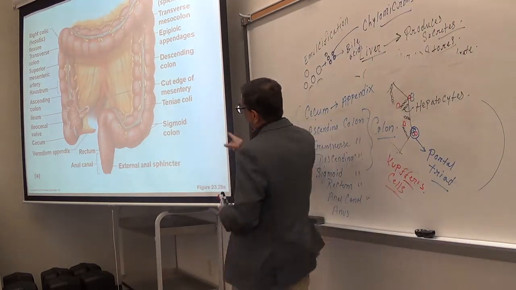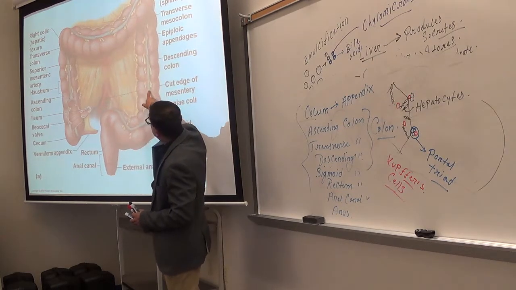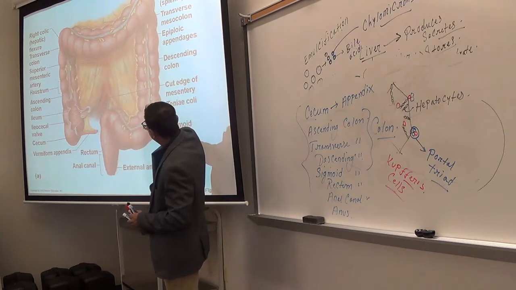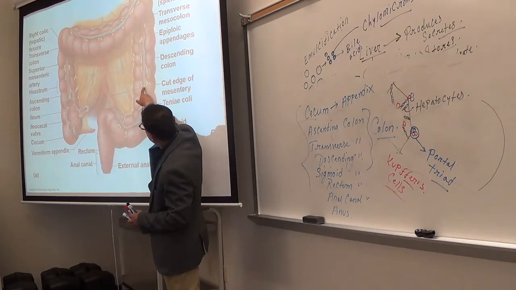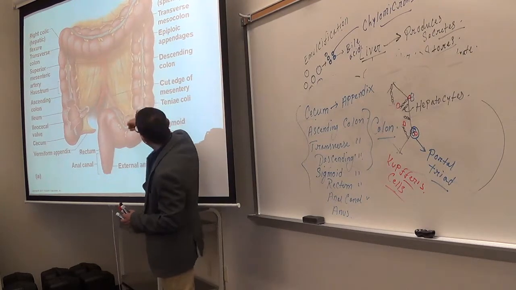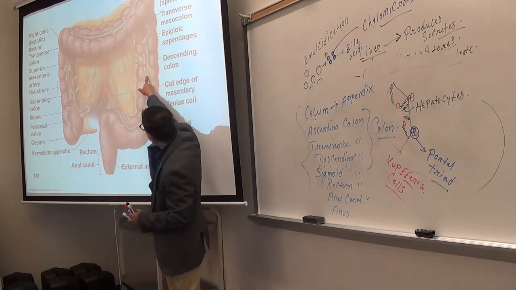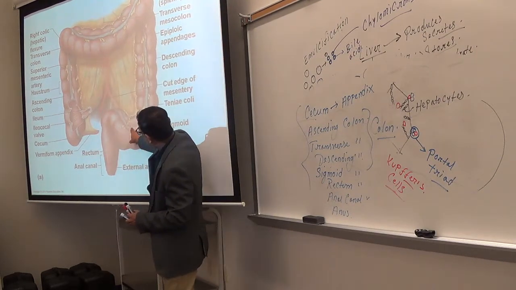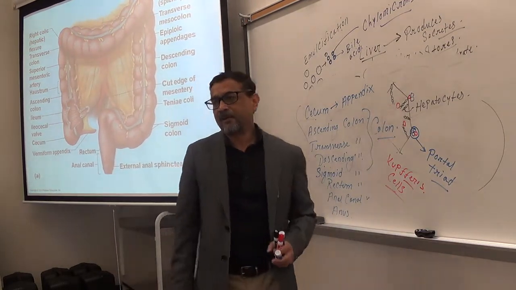Another thing you see here, a thick band of smooth muscle fibers. Actually, if you see inside, there are 3 bands of fibers bundled together, and that structure is attached to the large intestine. That is called tinea coli.